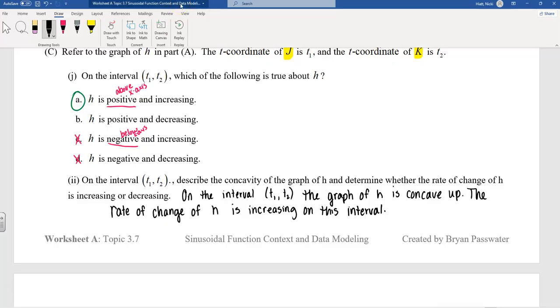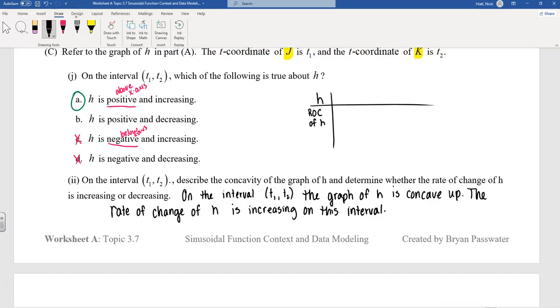The other thing you can think about here is that if you know the concavity, you also know the rate of change is increasing or decreasing. Because remember, way back when, we said if we know the graph of h is this, we know that the rate of change of h is this, right?